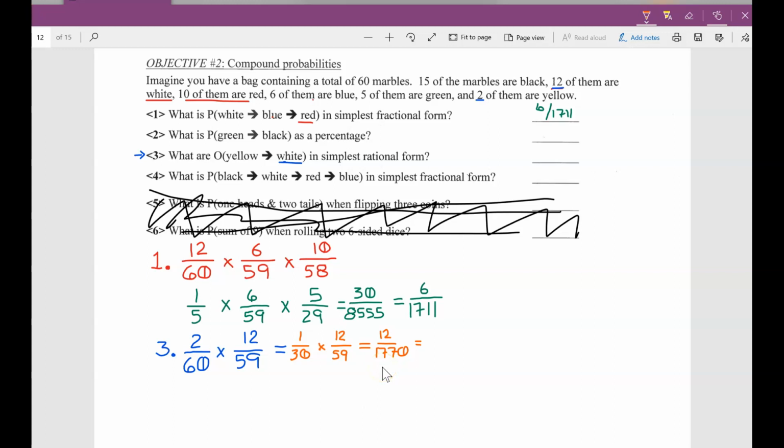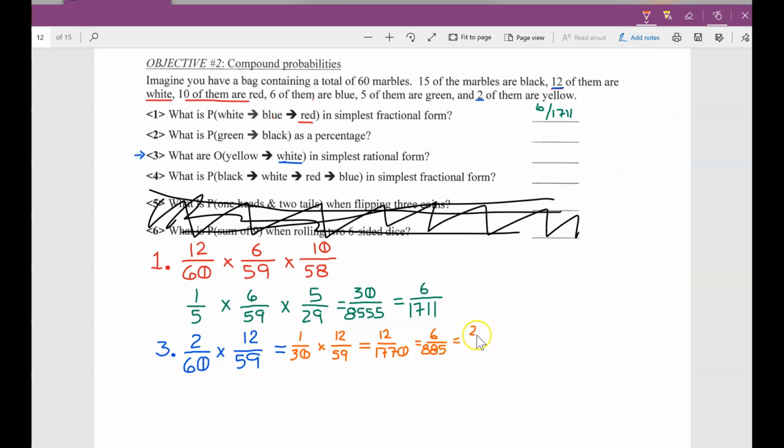But wait, both 12 and 1770 are even. So let's divide that by 2. We have 6 over 885. Now, I'll be honest. If you stopped here and turned this into odds, I'd be okay with that because this is a kind of funky set of numbers, and maybe it's not obvious that this can actually be simplified even farther. 6 can be divided by 3, and 885 can also be divided by 3.